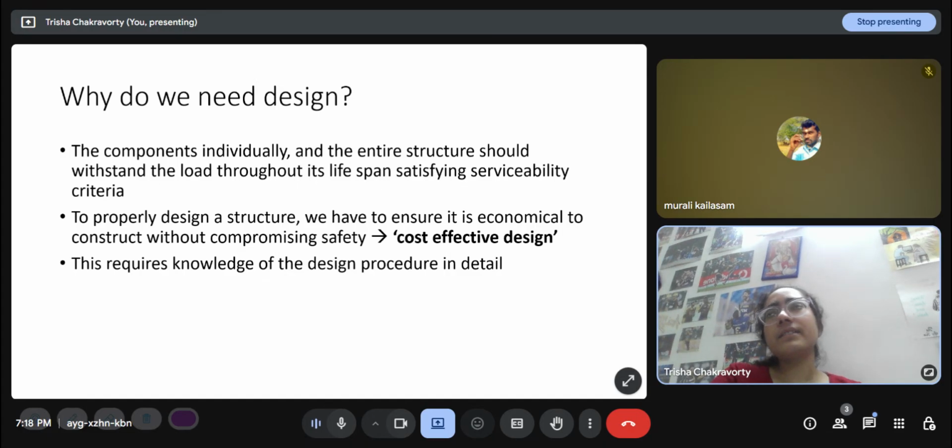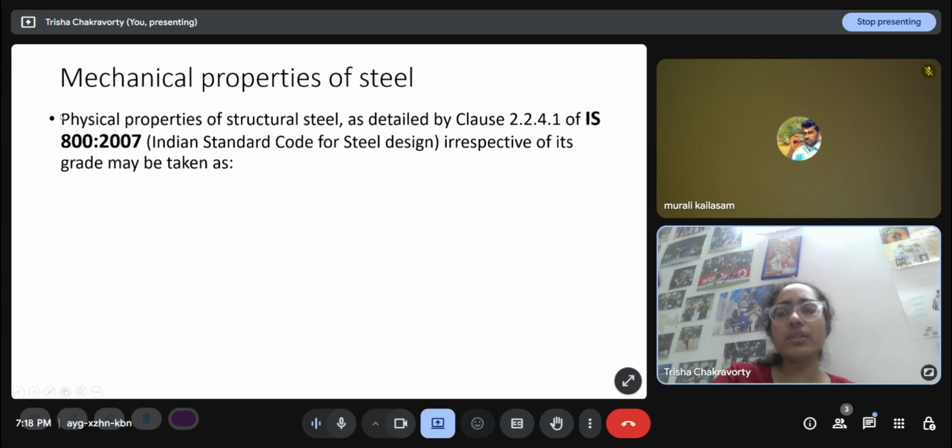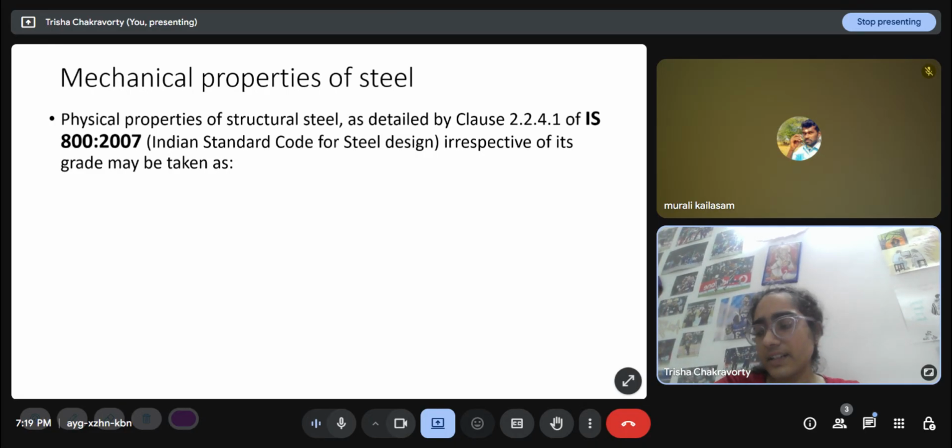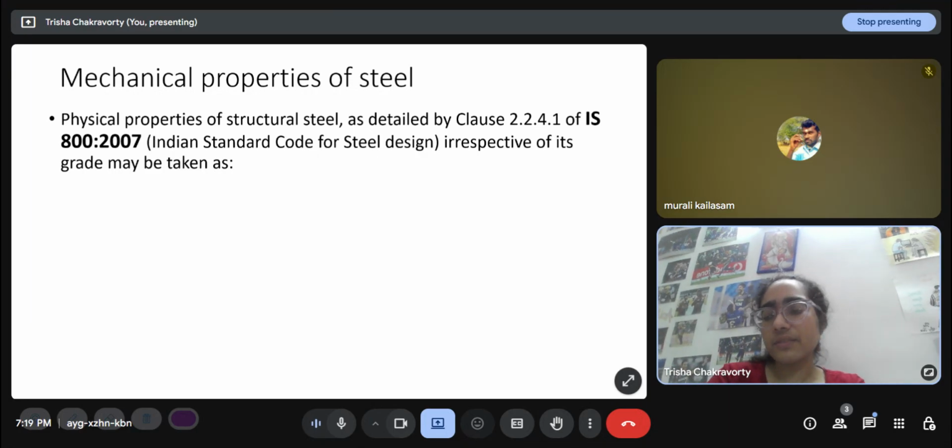Now, as I say, just following IS 800 2007, which is the steel design code, most of the structural elements in a steel structure can be designed. So you can just follow, and not just you, any layman, anyone who doesn't have a degree in civil engineering can also, with a little bit of study, follow the code and design.